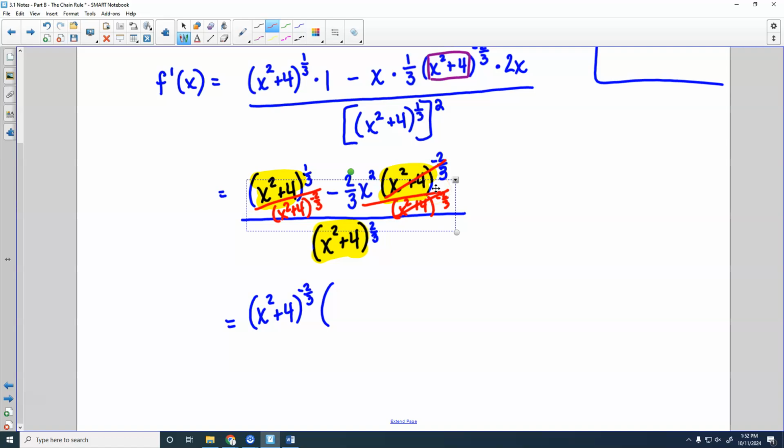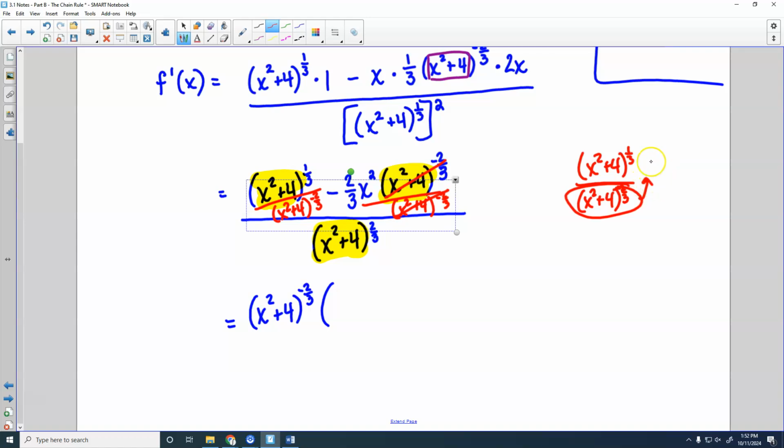But on that first term, I'm going to do this over here to the side: we've got x squared plus 4 to the 1/3 over x squared plus 4 to the negative 2/3. What should we do with that negative exponent in the bottom? You could subtract exponents.